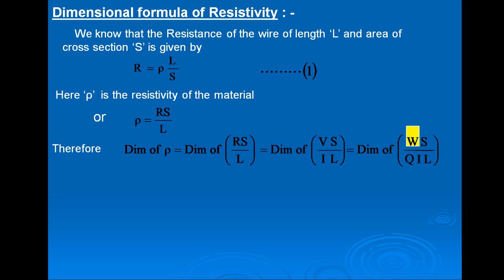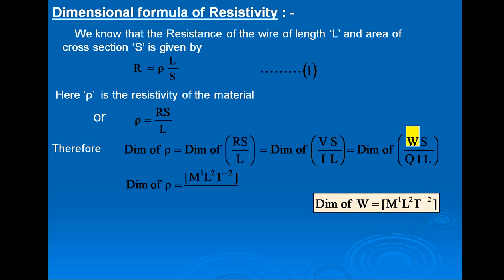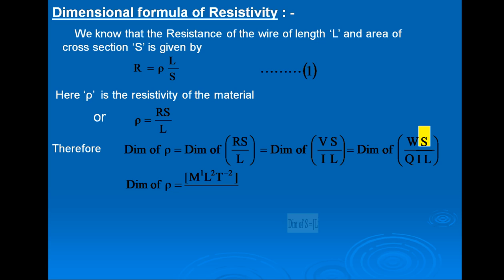Now W is work done, the dimension of W is M¹ L² T⁻². Therefore, put the dimensions of W, M¹ L² T⁻², and S is the area of cross section, or simply area.